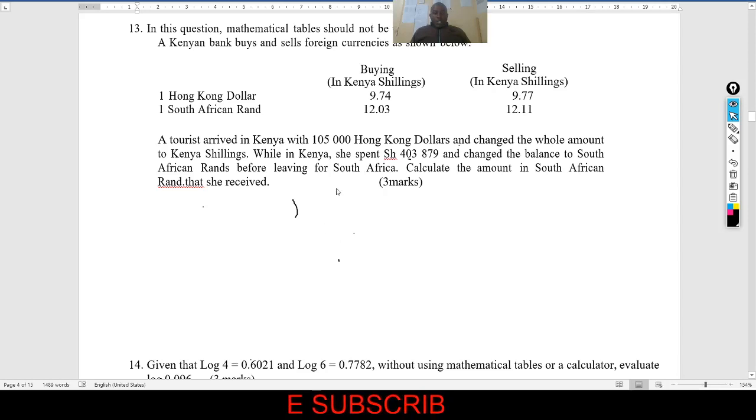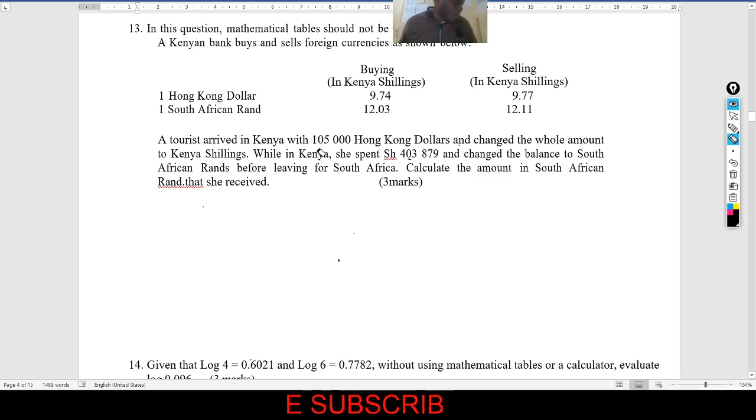So first of all, we need to change the 105,000 to Kenyan shillings. Because you are going with foreign currency, the bank is going to buy, so it is going to use 9.74.